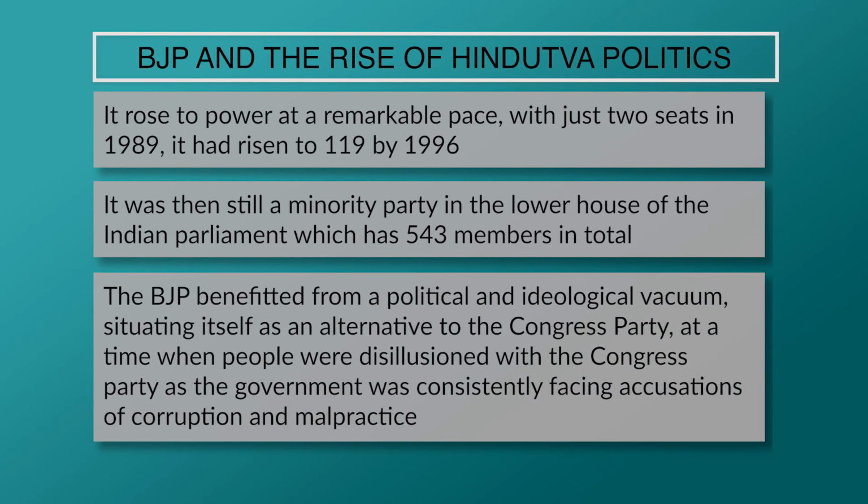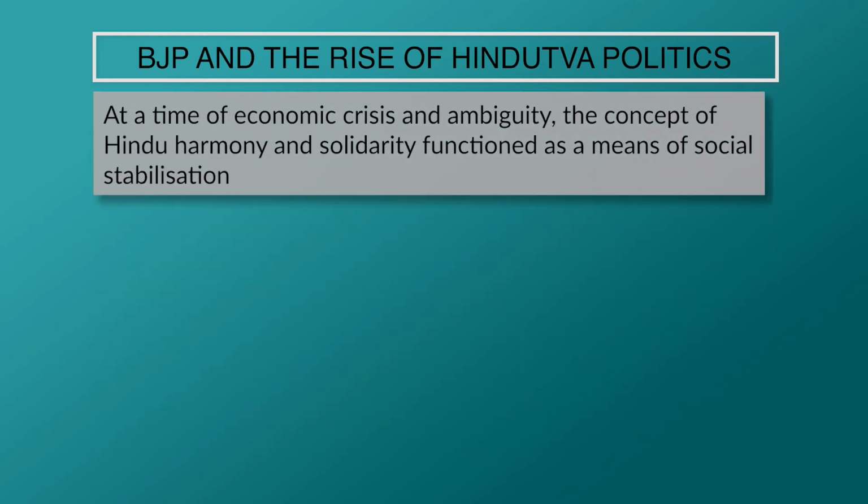The BJP benefited from a political and ideological vacuum, situating itself as an alternative to the Congress party at a time when people were disillusioned with the Congress party as the government was constantly facing accusations of corruption and malpractices. At a time of economic crisis and ambiguity, the concept of Hindu hegemony and harmony and solidarity functioned as a means of social stabilization.